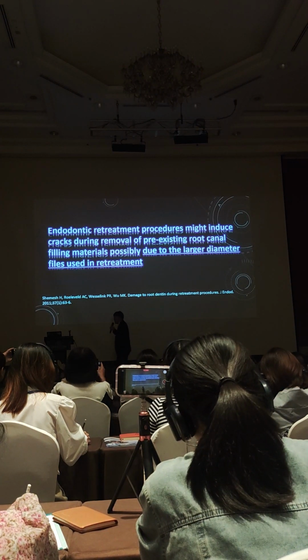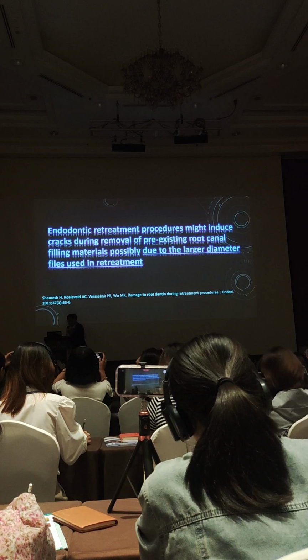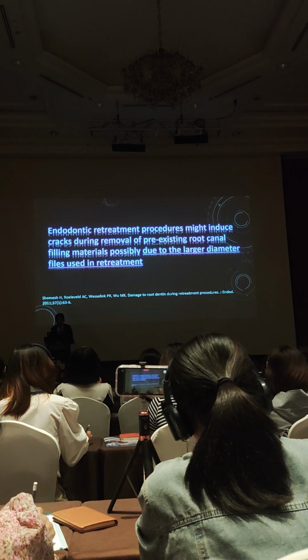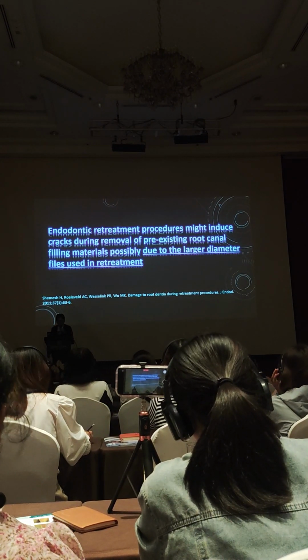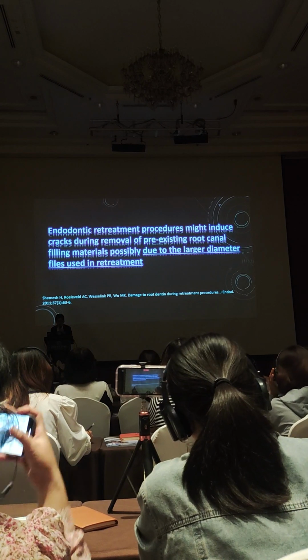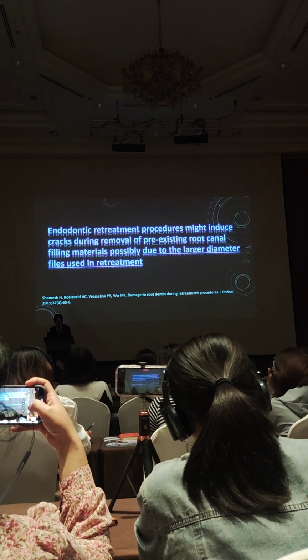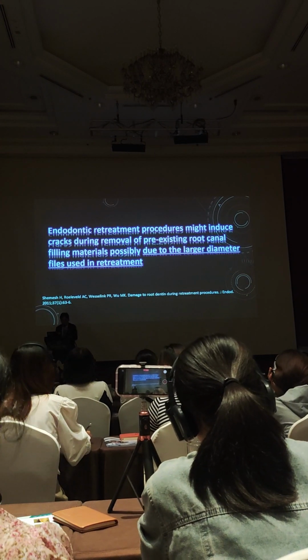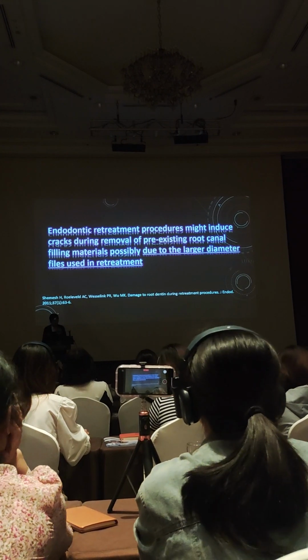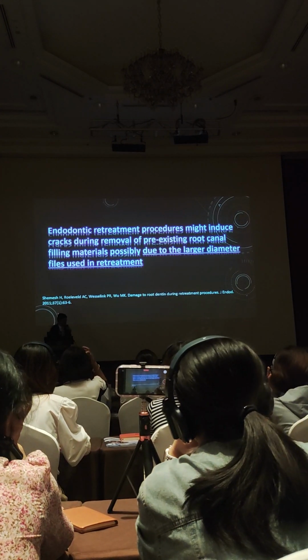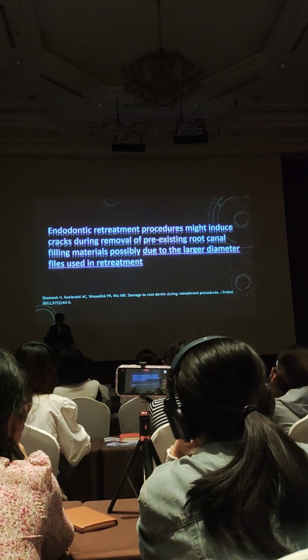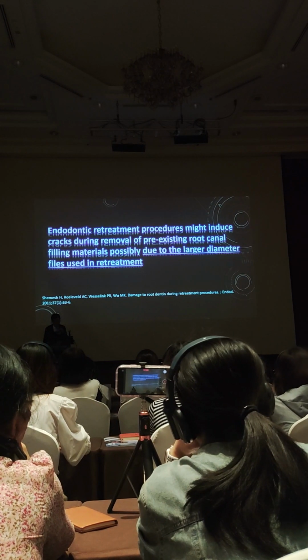So that's why I want to use the XP Endo Shaper. In addition to that, this study showed endodontic retreatment procedure might induce cracks during removal of pre-existing root canal filling materials, possibly due to the large diameter instrument used in retreatment. I don't want to destroy the tooth. I don't want to predispose the tooth to root fracture.